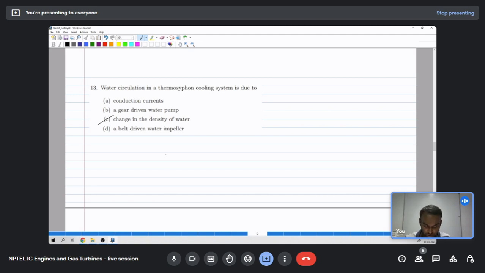This I think we know. In case of a thermosiphon system, the radiator is kept below or above? I think the radiator will be kept above, right?